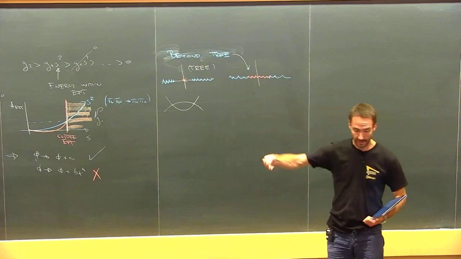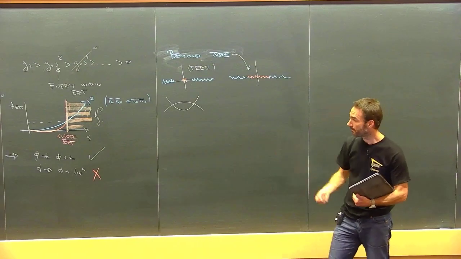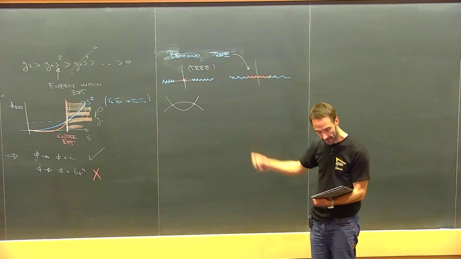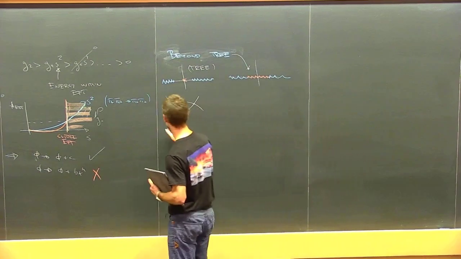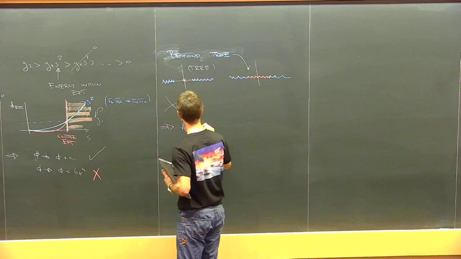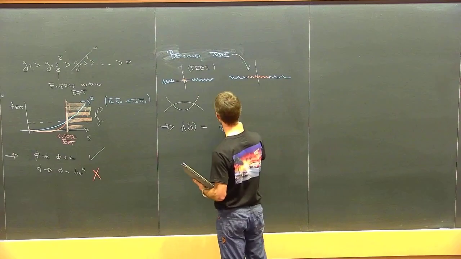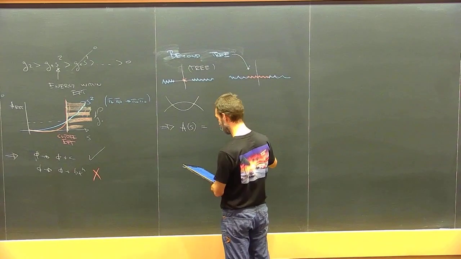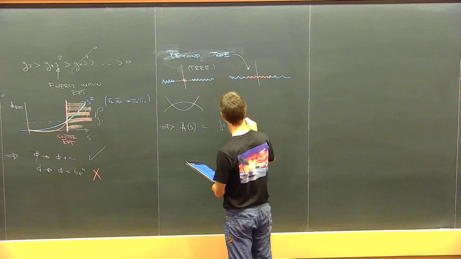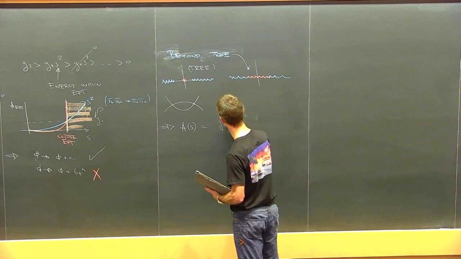Presumably at higher loops nothing qualitative will change. But here something actually is different. So now my amplitude will have the tree-level pieces as usual.